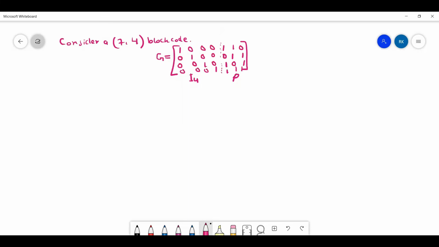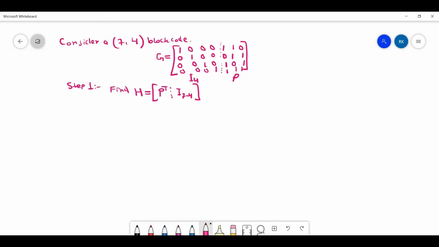Now we know that the parity check matrix H for a given code is composed of this parity matrix. So step 1 here is find the parity check matrix H, and H is given by, we have already discussed this before, transpose of this parity matrix and appended with the identity matrix of size n minus k.